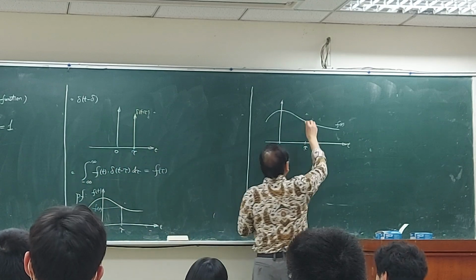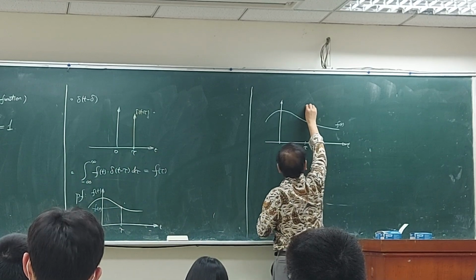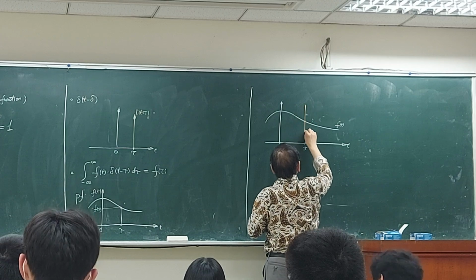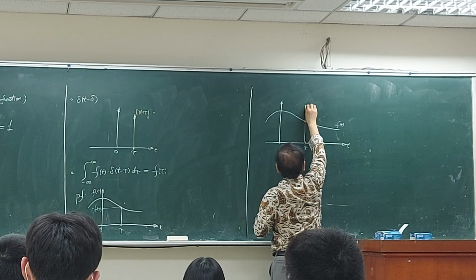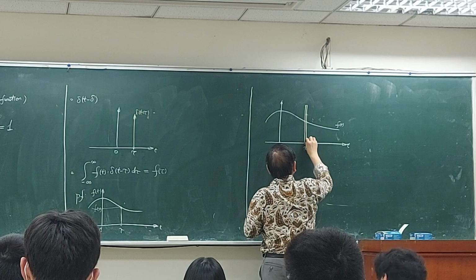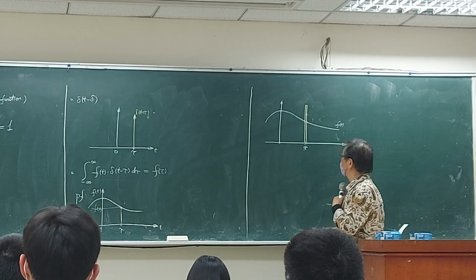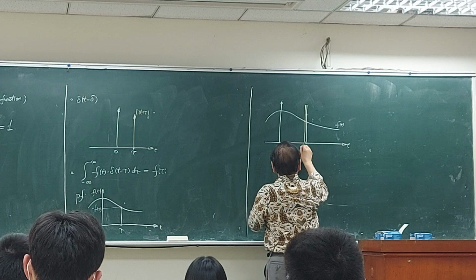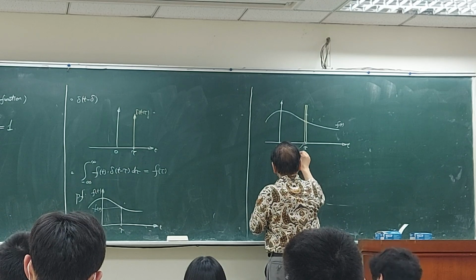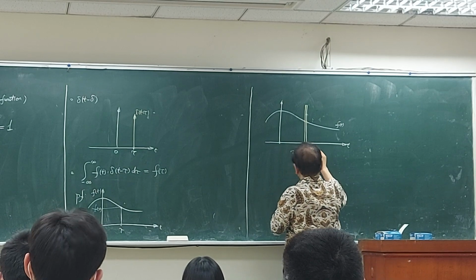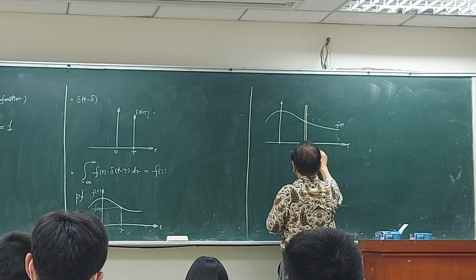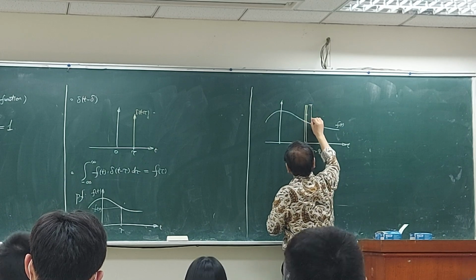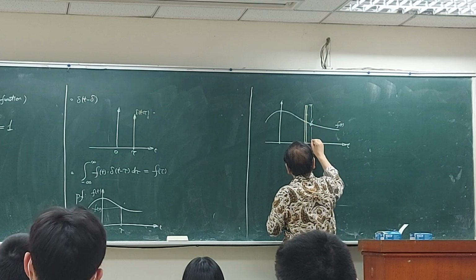Let me duplicate it over here. So this is tau minus 1/2 delta, and this is tau plus 1/2 delta, and the height is 1 over delta.